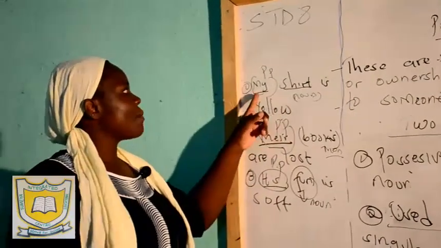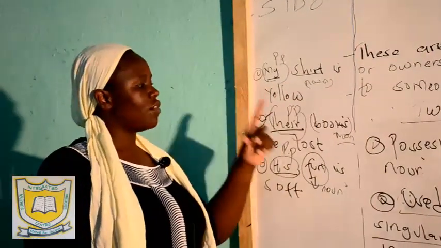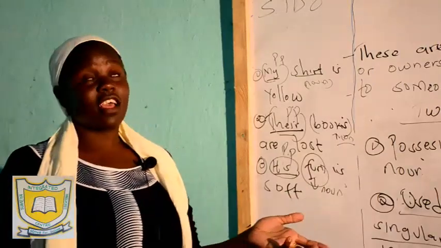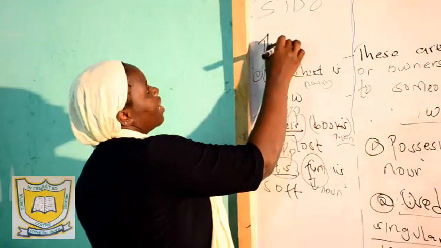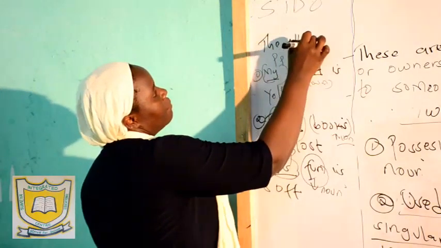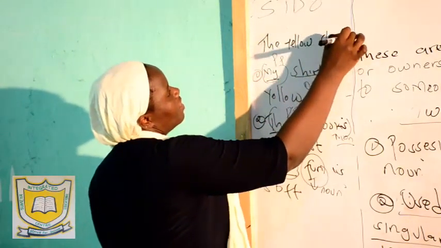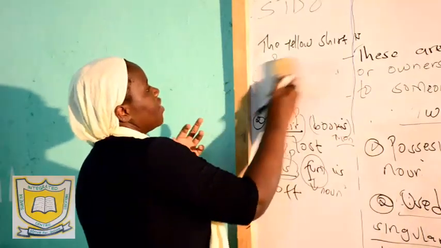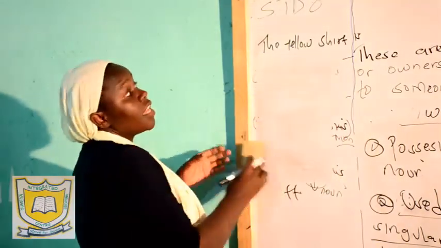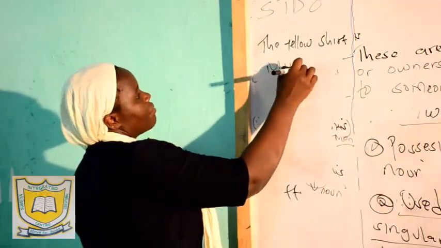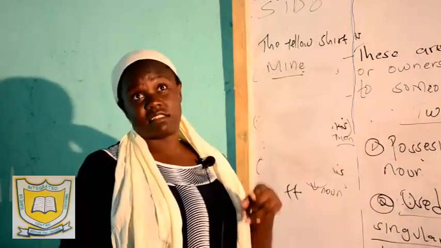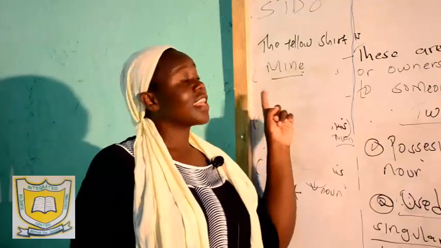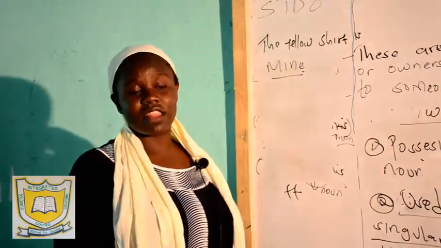So instead of saying my shirt is yellow, if I want to use a possessive pronoun that is used in place of a noun, I'm going to say, the yellow shirt is mine. The yellow shirt is mine. These pronouns come after the nouns.